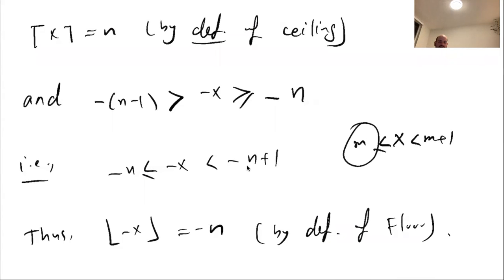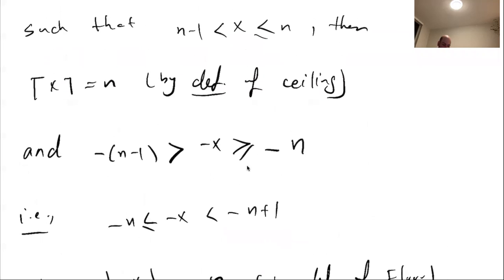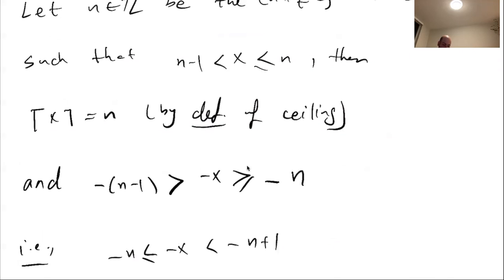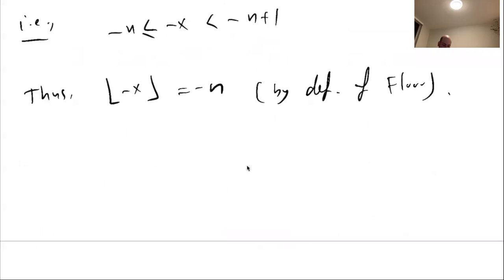But here my m is minus n. So the floor of minus x is minus n. Well, I'm done. The ceiling of x is n, and the floor of minus x is minus n. So let me call this one star, and this one two star.